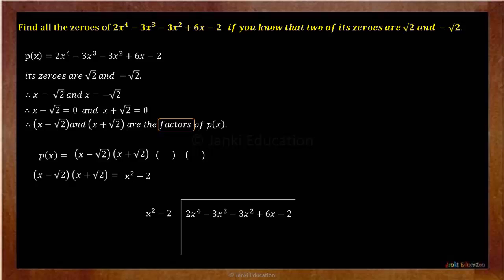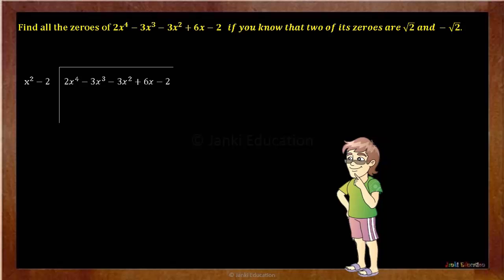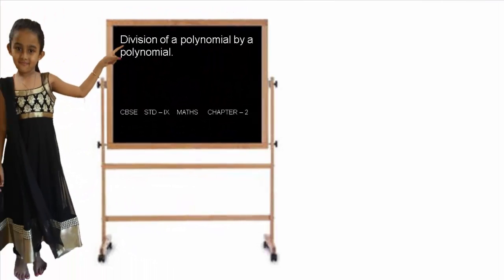Here we will perform division of polynomial, which you have already learned in your previous class. Those who want to learn division of polynomial, please kindly watch our video division of polynomial by another polynomial, CBSE Standard 9th Maths.